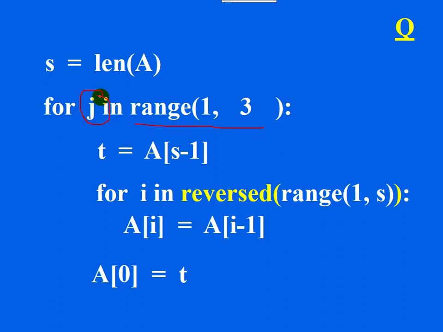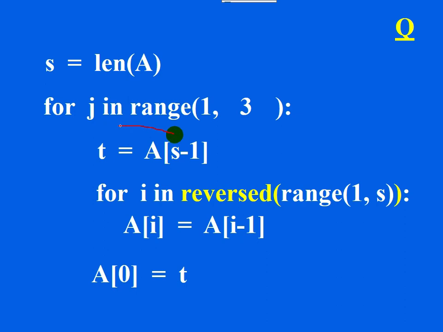When j is equal to 1, this is executed once, so all the elements are shifted by one position to the right. When j is equal to 2, this is executed for the second time. So again the elements are shifted by one position to the right, which means now altogether the elements are shifted by two positions to the right.